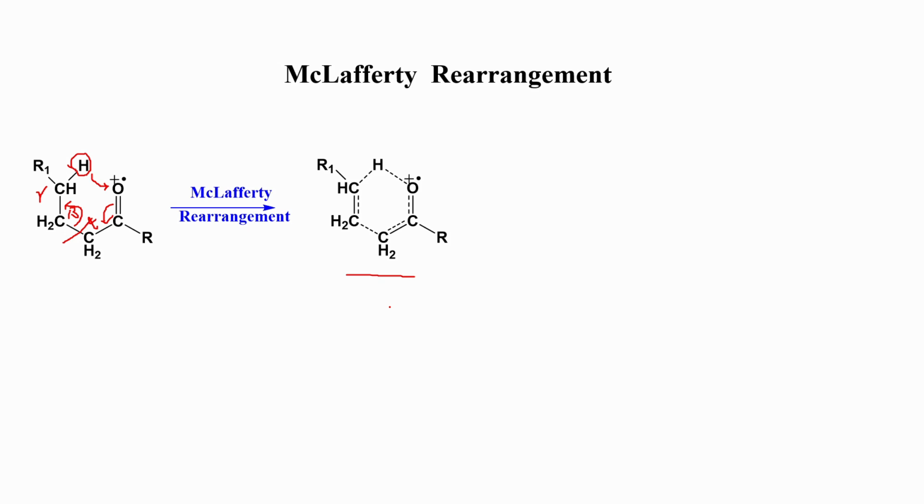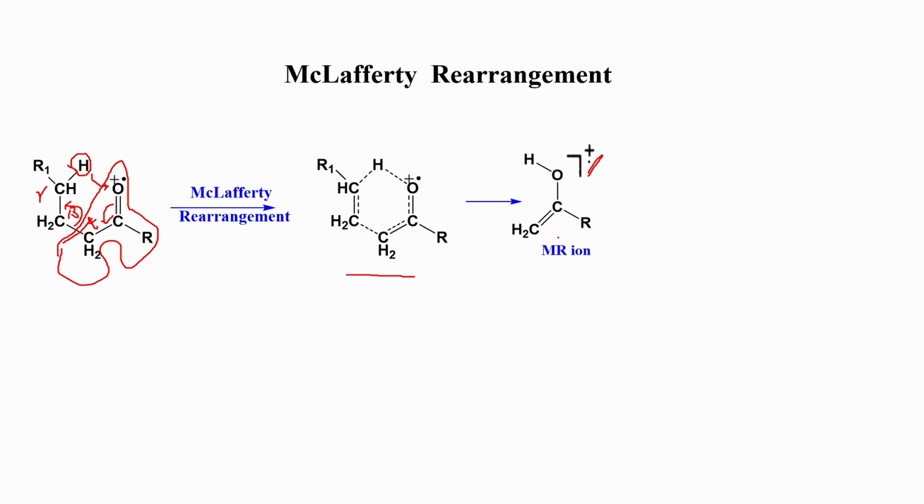Then this transition state decomposes, producing this ion. It is what is called the McLafferty ion, McLafferty rearrangement ion, MR ion. You can see it is a radical cation. You can see a dot of free radical and the cation, and so it is a radical cation.